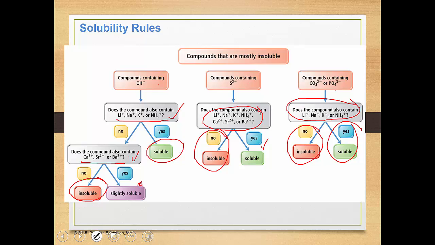Don't try to memorize the flowcharts, but do learn how to use them. And do know the more common rules, the things that are always soluble. Lithium, sodium, potassium, ammonium, nitrate, acetate, those are the ones we want to focus on.